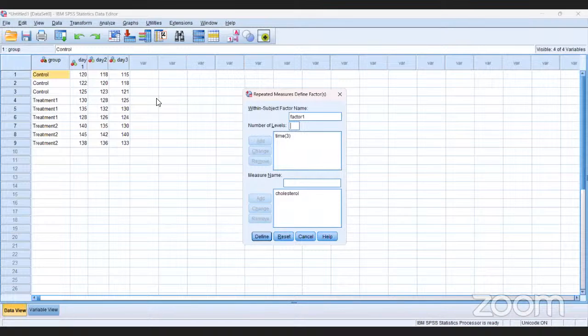And here you can find out the 3 levels are there. 3 periods are there. So instead of the factor, you can write down time. After that, 3. And this is the cholesterol data. So this measure name is cholesterol.